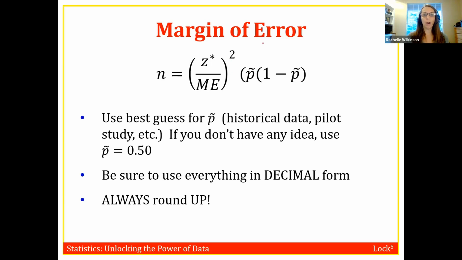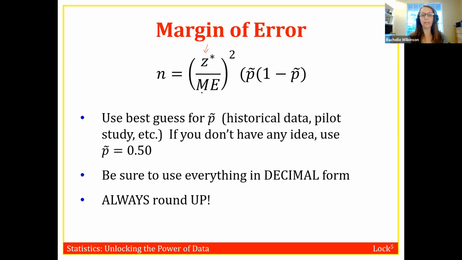So looking at the parts of this formula, this Z star value comes from our level of confidence. And last time we talked about how there's basically 3 levels of confidence that are the most common: 90, 95, and 99%. Based on how confident we want to be, that's the value of Z star that we're going to use here.